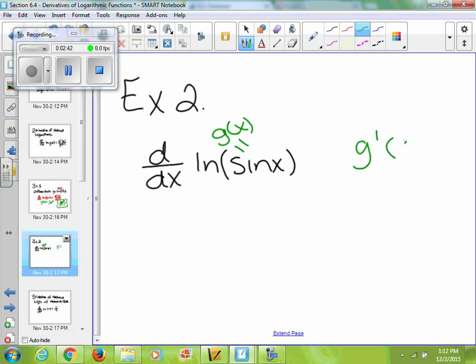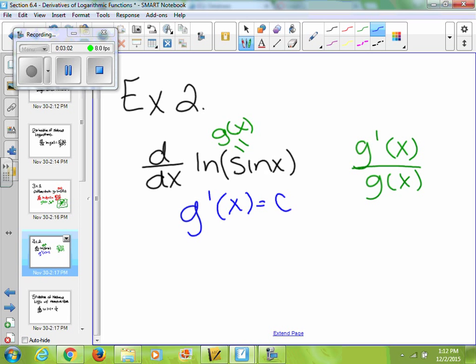And I know that my derivative is g prime of x divided by g of x. So what's the derivative of sine of x? Cosine of x. So I know that my g prime function is cosine of x. So that means that my derivative is cosine of x divided by sine of x.